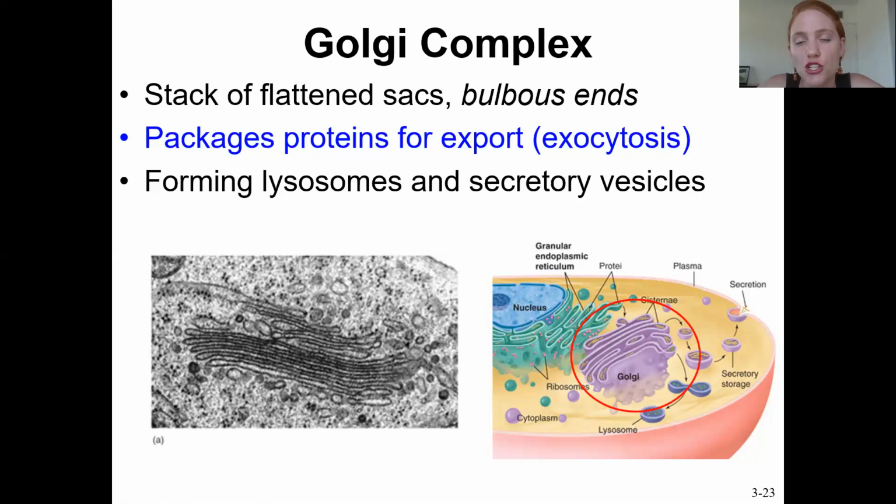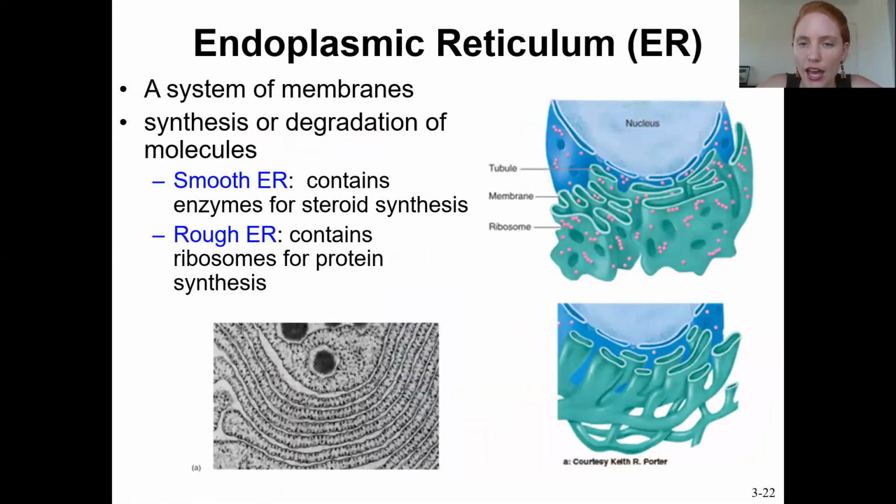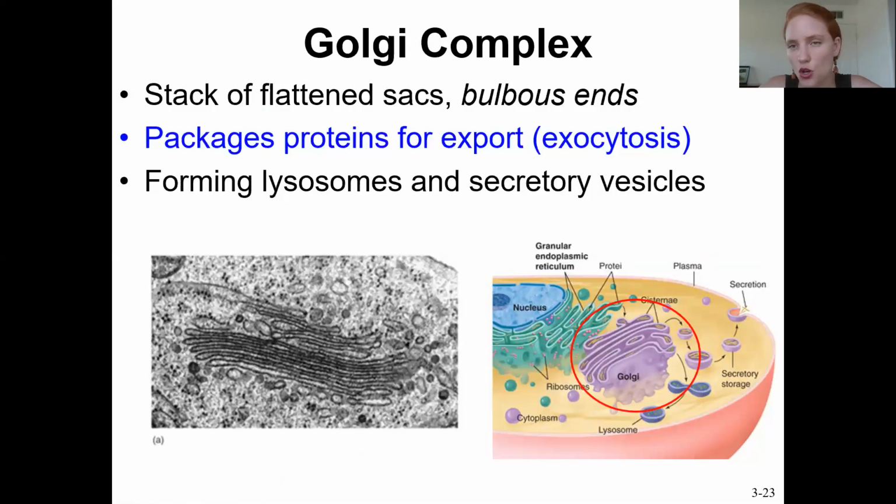Okay, so what I do want to take a minute is let's pause, because if you look at the endoplasmic reticulum and you look at the Golgi complex, at first glance, they look awfully similar. Both of them are stacks of membrane. So let's look at some strategies for figuring out how they are different.